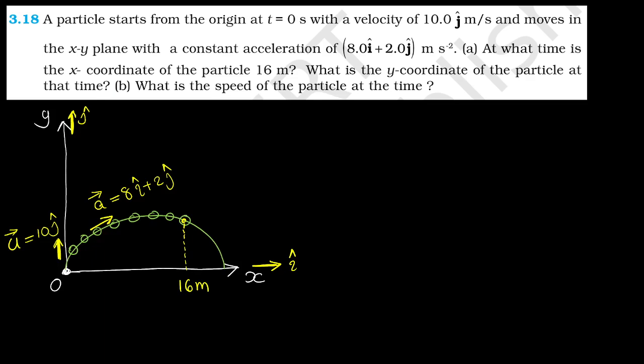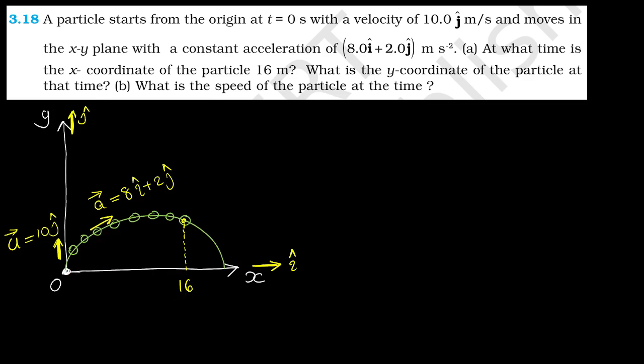See, the body is moving along a plane. So as the body moves along a plane, at some point the body will have x-coordinate 16, correct? The body will have both x-coordinate and y-coordinate, moving along this path. At what time the x-coordinate of the body is 16 meter? I mean this distance is 16.